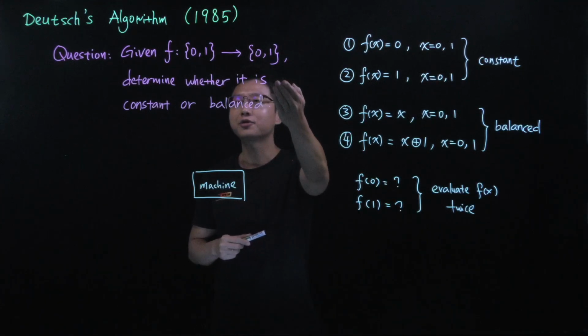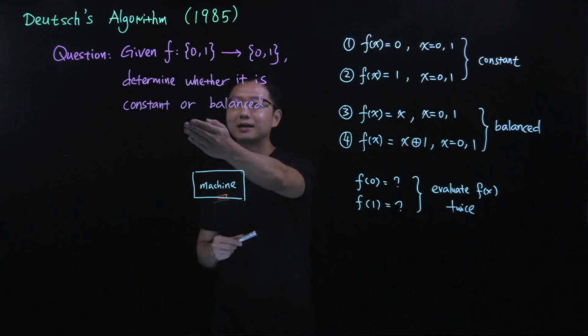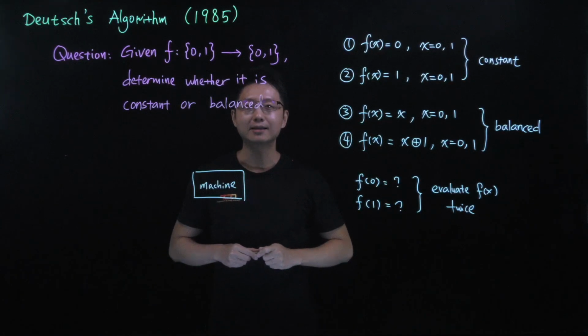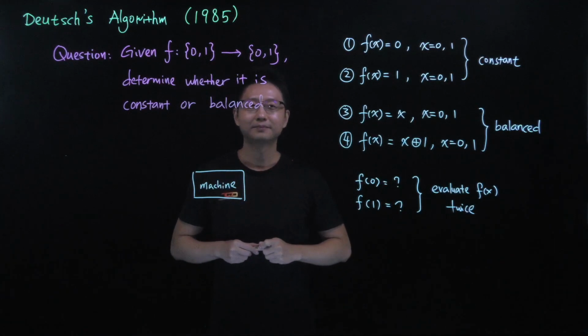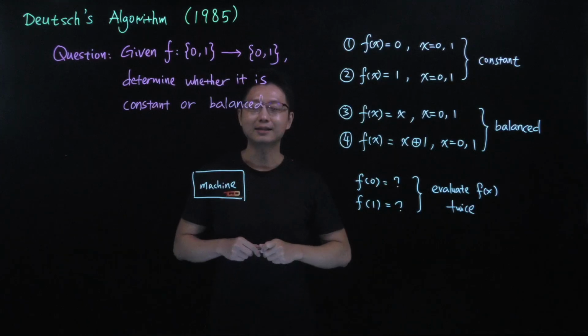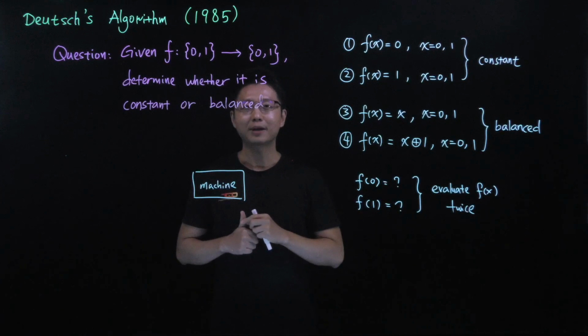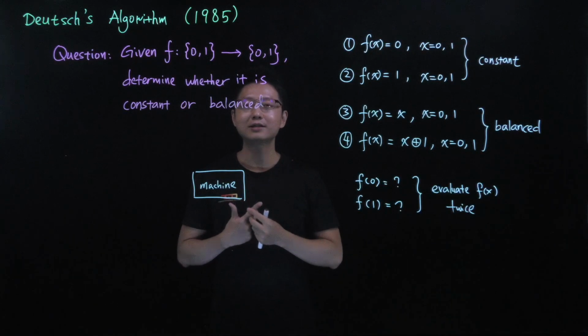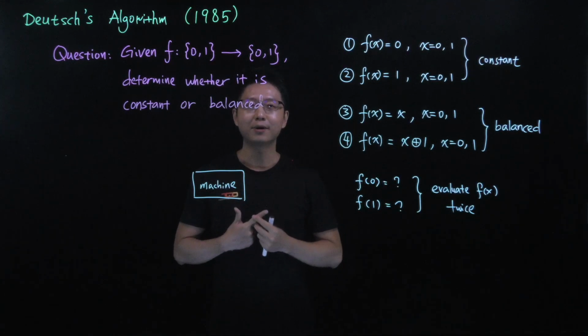That is, we will know for sure whether this function is balanced or constant by querying this machine only once instead of twice. It's quite magical, isn't it? To see how it works, there are 2 things we need to understand now. One is quantum parallelism, and the other is an effect called interference. I will explain both in the next part.